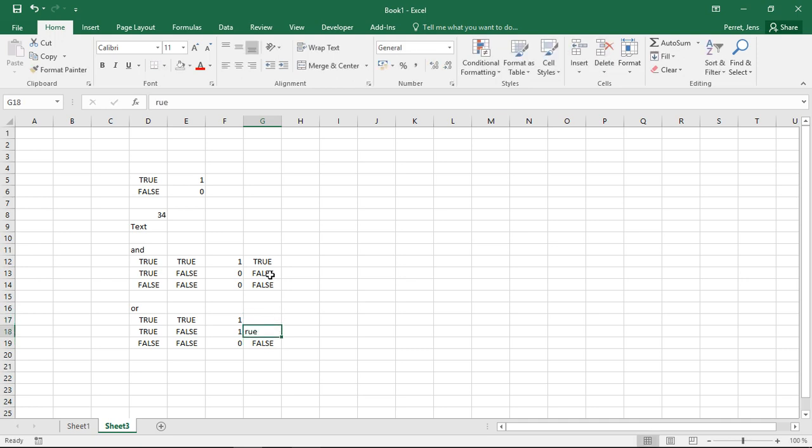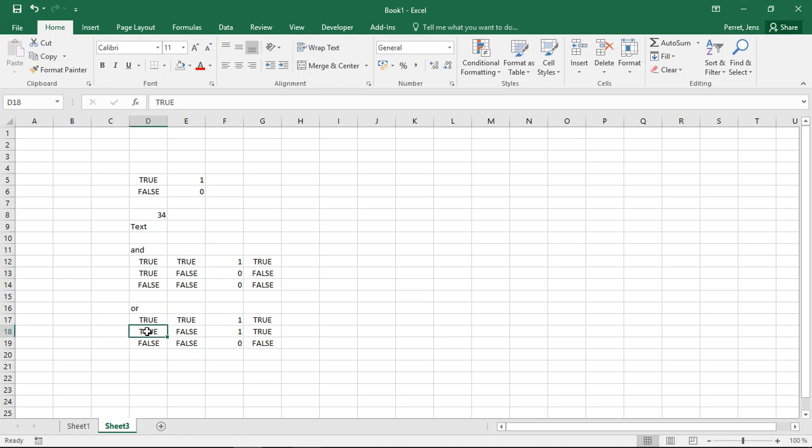Well, you might ask, I only tried the case true-false here and here. What about false-true? Well, false-true is actually exactly the same. If I multiply 1 with 0, I will get 0. If I multiply 0 with 1, I will also get 0. Here as well.